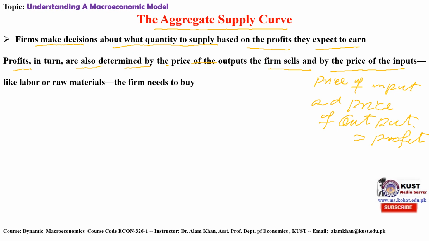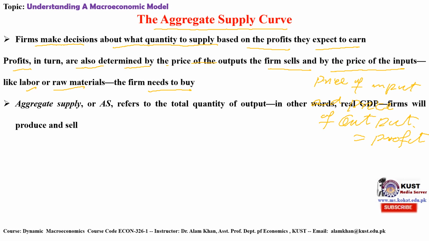In the case of the price of input, what we mean by input includes labor and raw material that some firms need to buy or hire. Aggregate supply, denoted by AS, means the total quantity of output, in other words the real GDP, that firms will produce and sell.